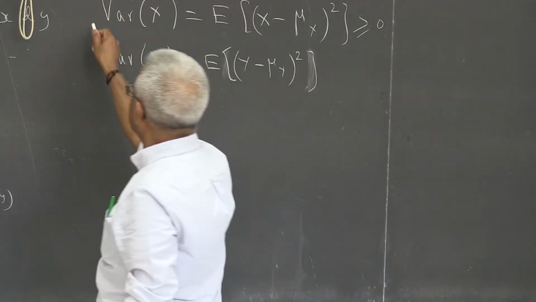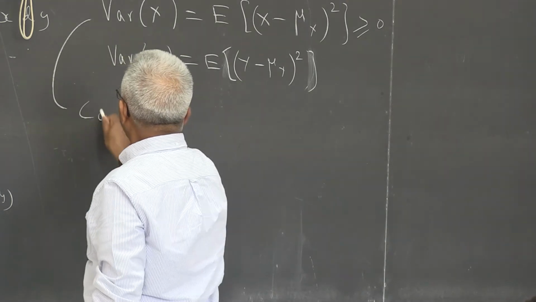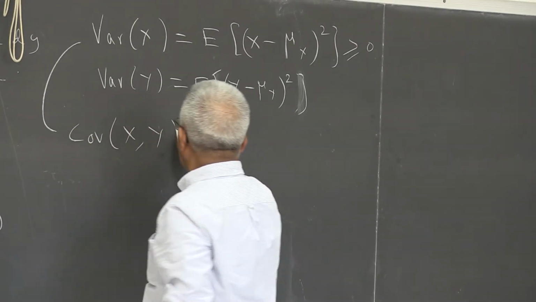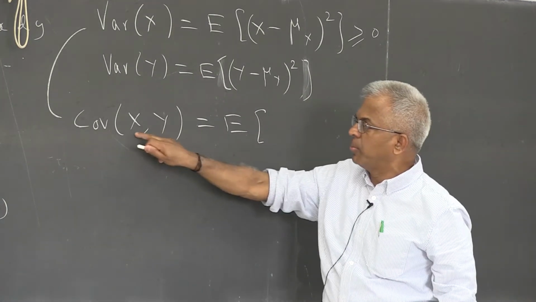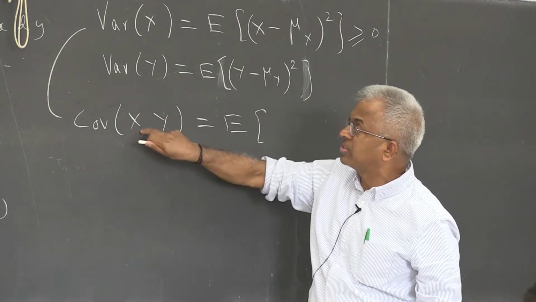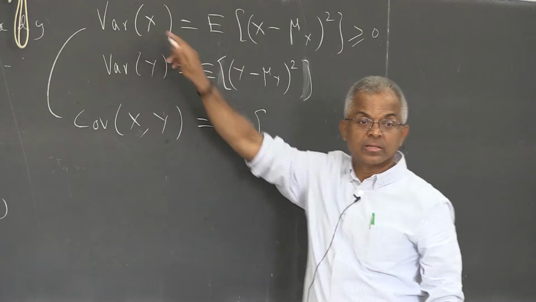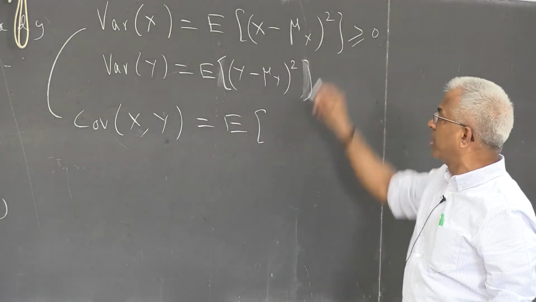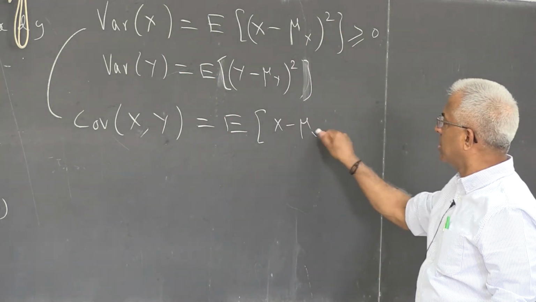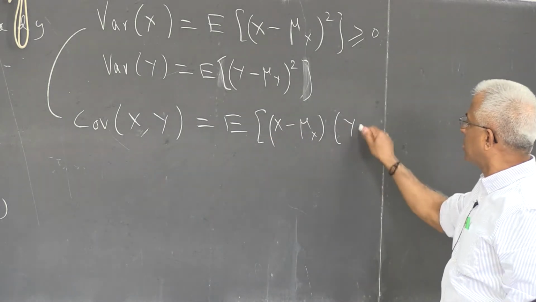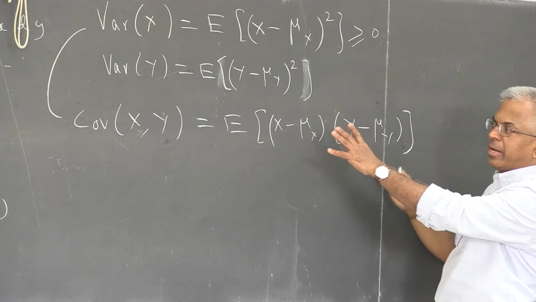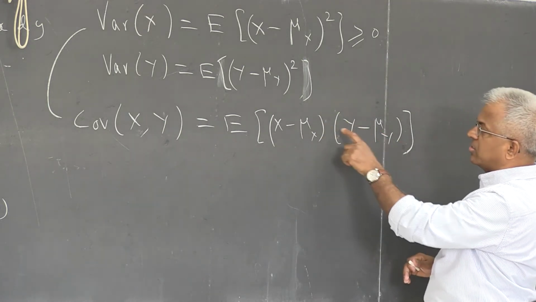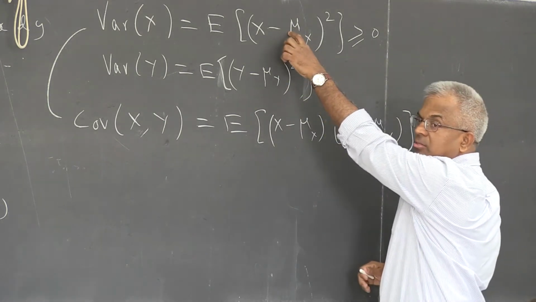And using these definitions, we define the covariance of x comma y to be the expected value of (x minus mu x)(y minus mu y). The idea of covariance is, if you put y equal to x, this definition should collapse to the variance. So here instead of a square we have one of each. This definition is made up so that if you put y equal to x, it will go back to this, right?